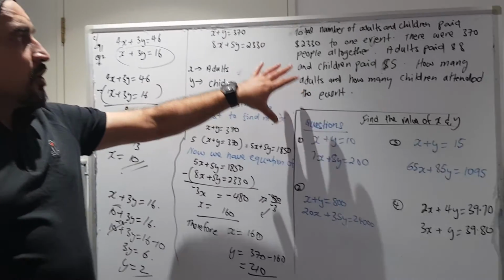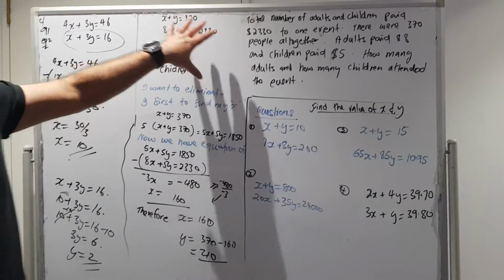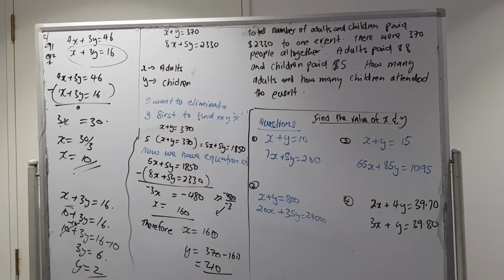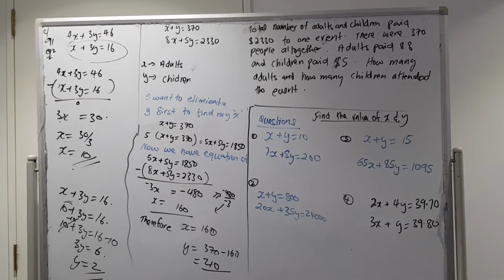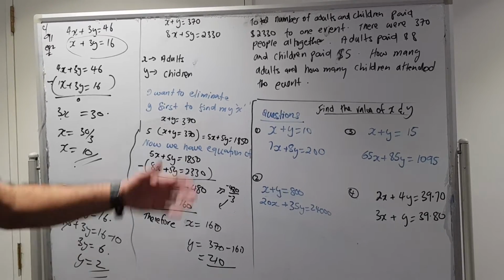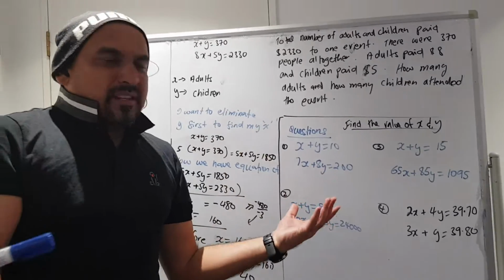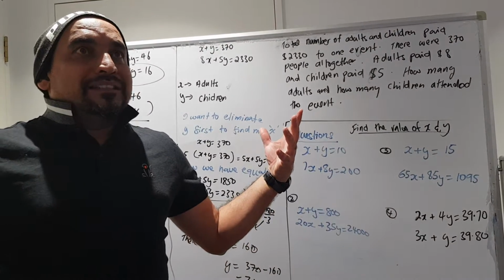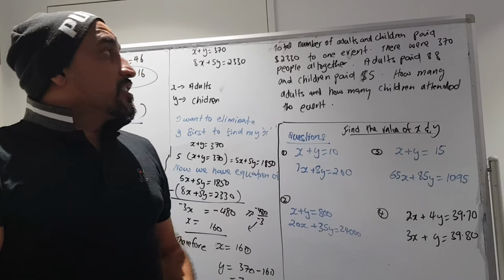Look at this one, this is a type of question you might get in the exam. If I say the total number of adults and children paid $2,330 to one event, so there was some sort of concert or event. Adults went in there and some children went in there.